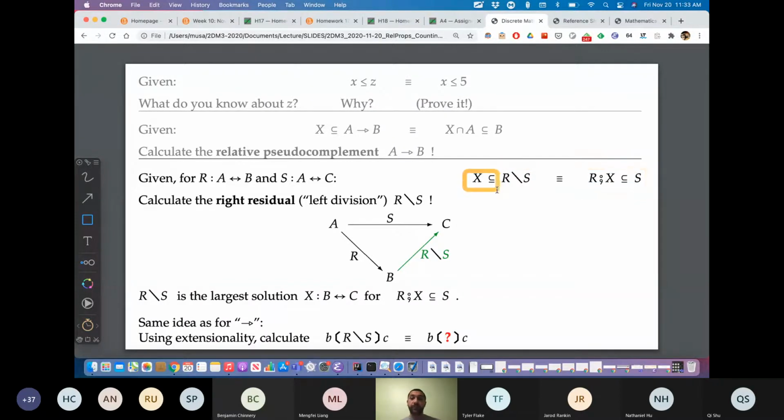So if I have something below R divided by S, then it's going to make the equation true. And if I have a solution X that makes the equation R X included in S true, then I know X has to be less than the largest such solution, right? We've been calling these the characterization of these operations.